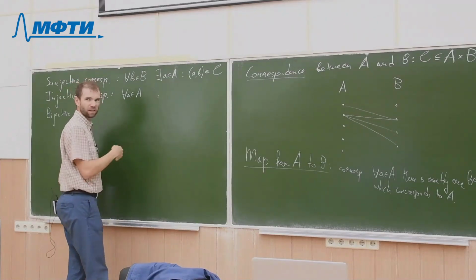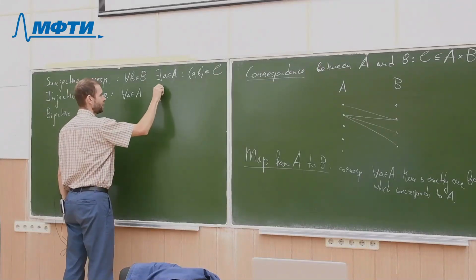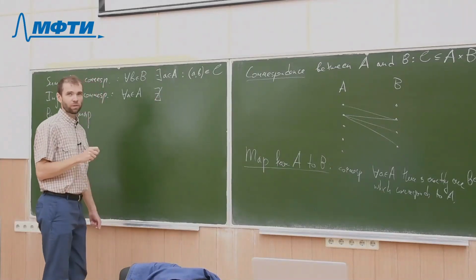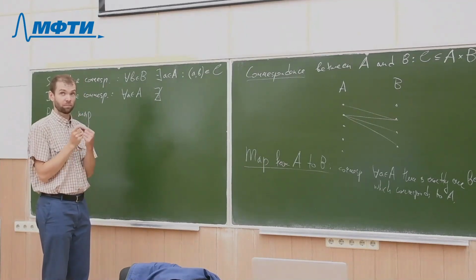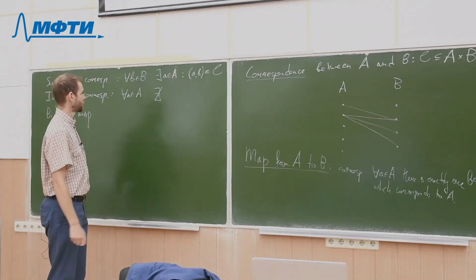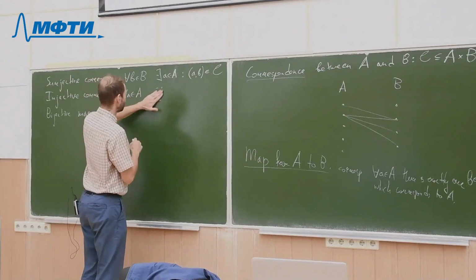I would put it this way. For every A in A, we shouldn't be able to find two different objects in B corresponding to the same object in A. Oops, no, the other way around.